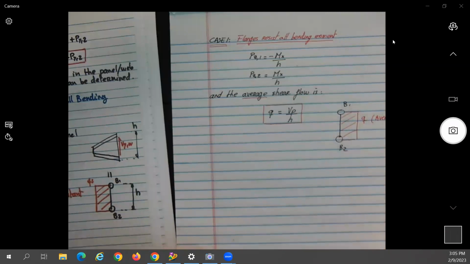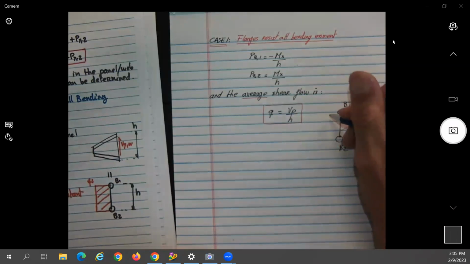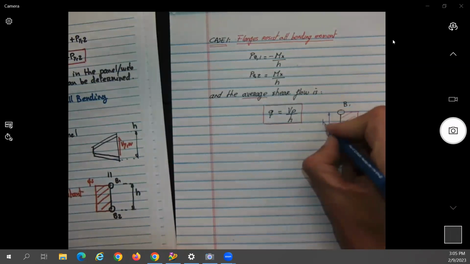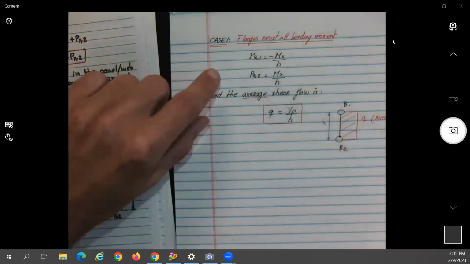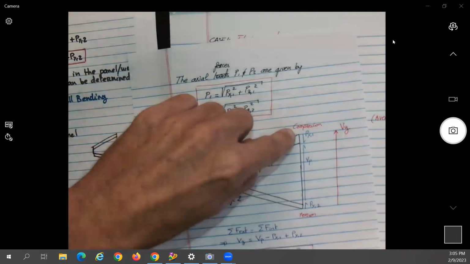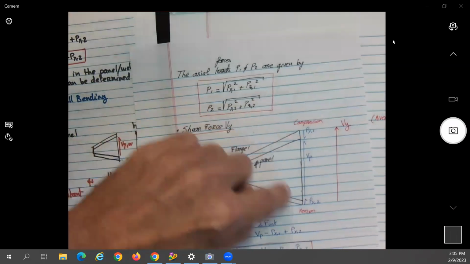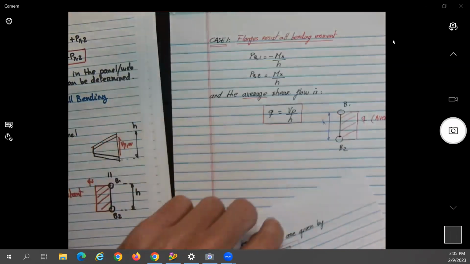And h actually will be the distance here. So basically what I'm saying is that you could replace all this structure here. If you know the thickness of this element, and the length and the geometry, you can substitute it by an equivalent area. We'll see how to do that later on, okay?